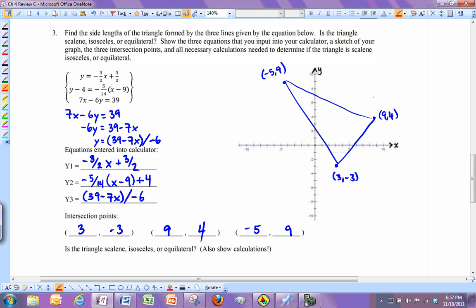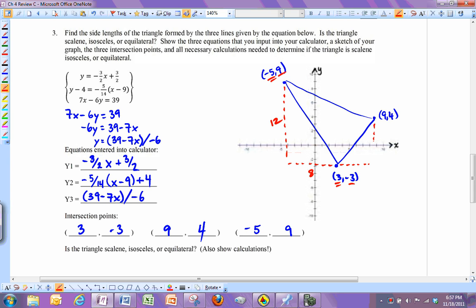Let's make our little slope triangles, right triangles built out of them, so that we can use Pythagorean theorem. When I go up and down, the y's change, from 9 to negative 3. 9 minus negative 3 is positive 12. When I'm going left to right, the x's change, negative 5 to 3. 3 minus negative 5 is positive 8.